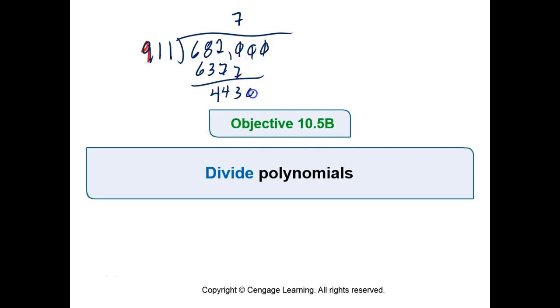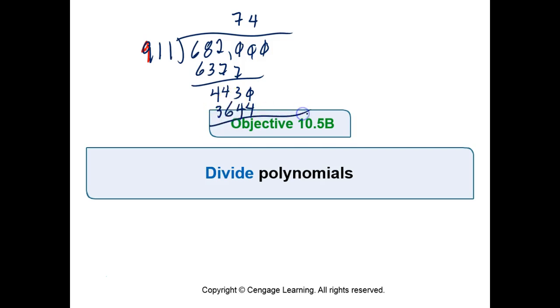Bring down the next digit, 0. And then you do what? Divide again. 9 will go into 44 about how many times? Won't go quite 5. That'd be 9 times 5 is 45. That'd be too many. So 4 times. And then we multiply. 4 times 9 is 36.